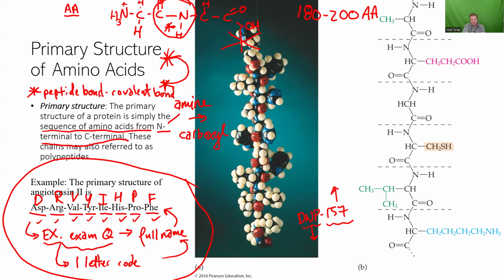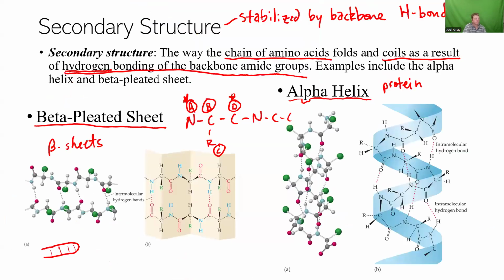So many times you'll see a question on an exam that asks, what type of bond stabilizes the primary structure? And the answer to that would be, well, a covalent bond stabilizes the primary structure of a protein.